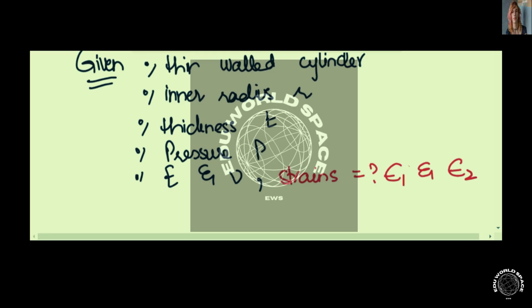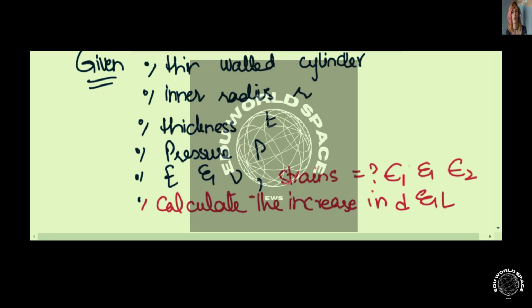Now it says that using these results, calculate the increase in diameter and length of a steel pressure vessel.